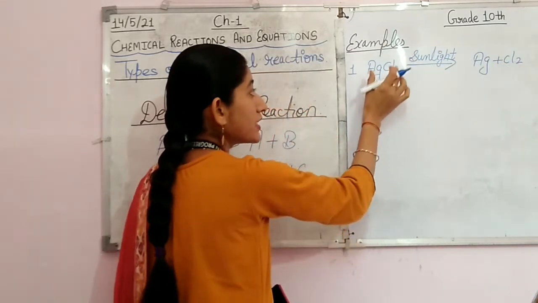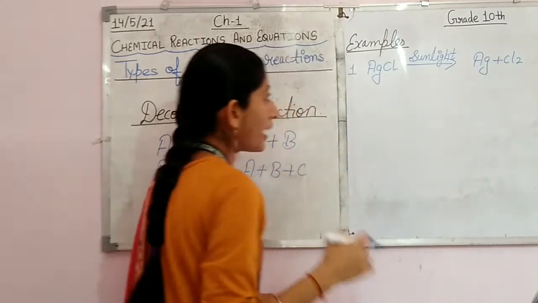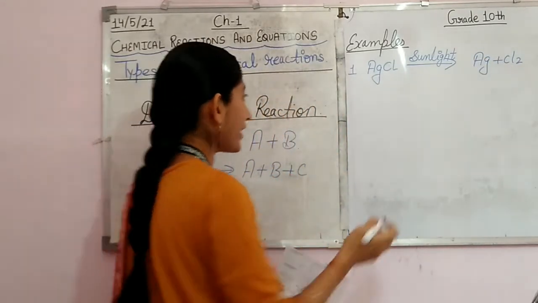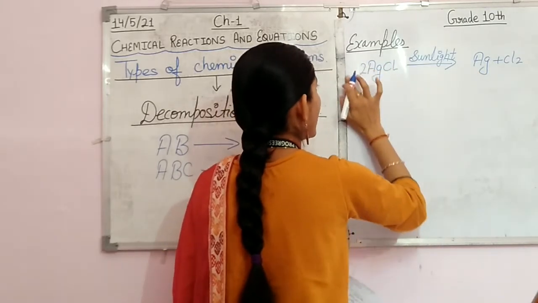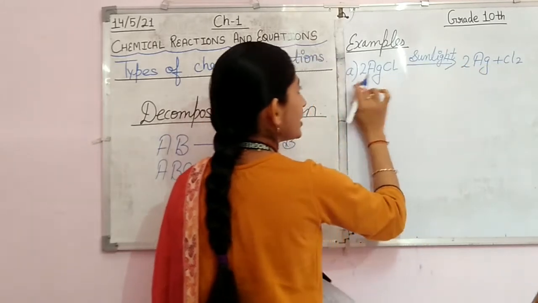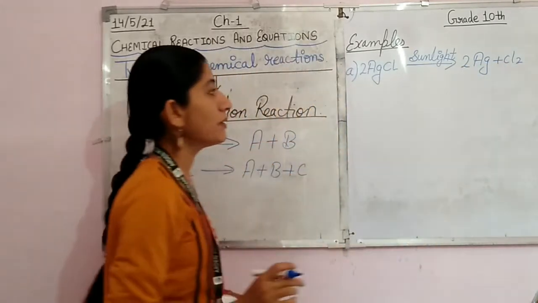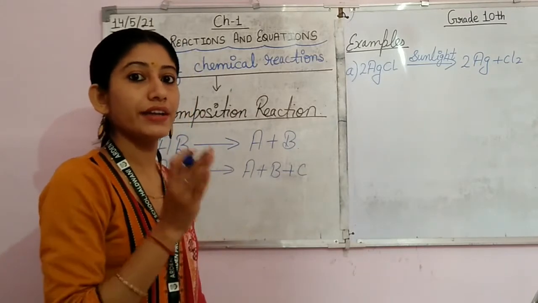This is a single reactant which is decomposed into two parts, Ag and Cl, and when we balance it, we get 2AgCl giving 2Ag and Cl2. So now it is balanced, right? In this way we can conduct this reaction.